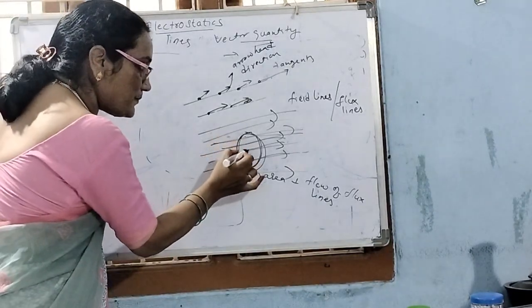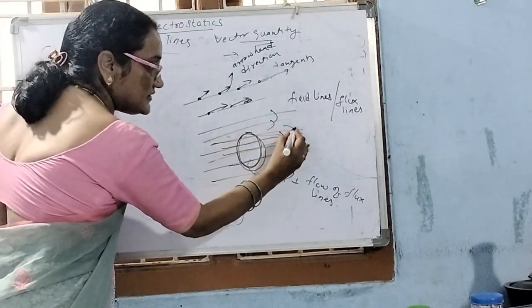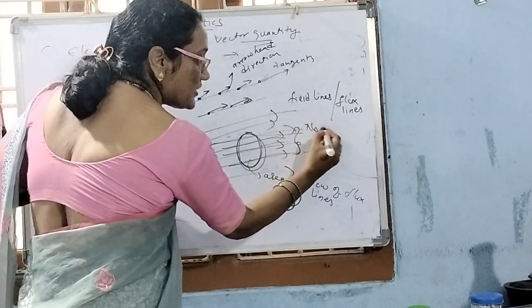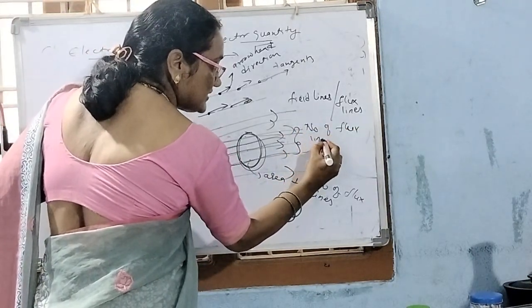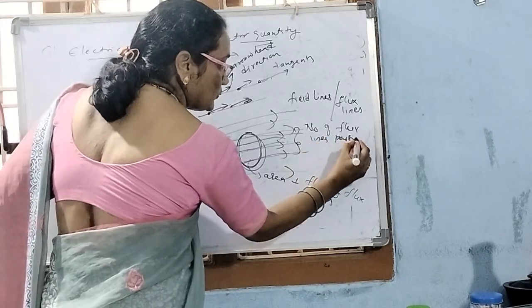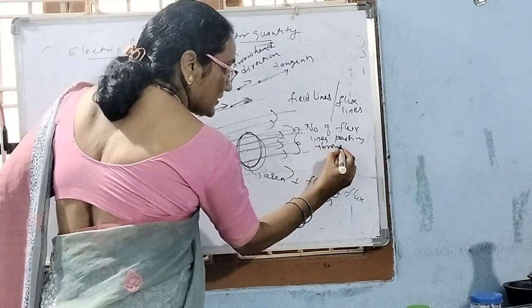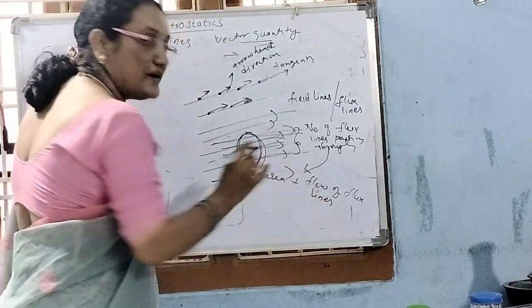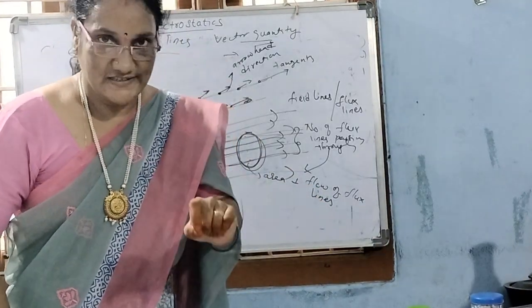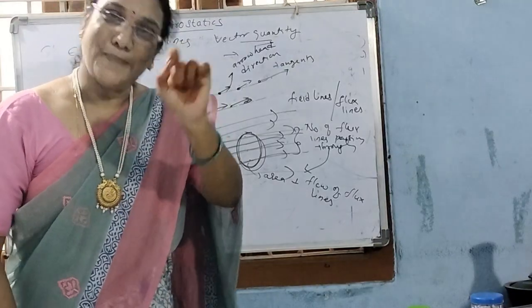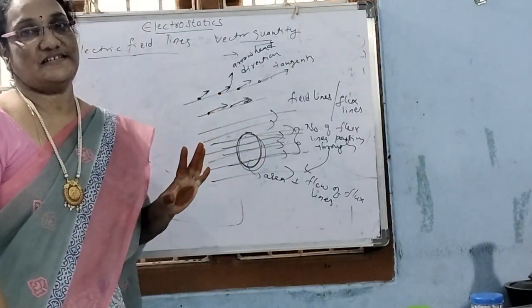So, the number of flux lines passing through the area perpendicular to the direction of flow of lines gives the magnitude of that flux lines.